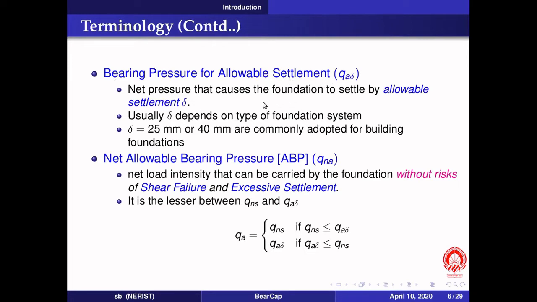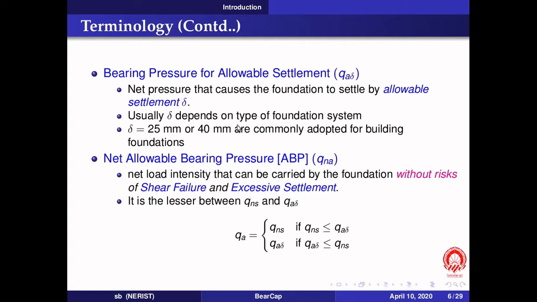It is the net pressure that causes the foundation to settle by the allowable value of the settlement. Usually the allowable settlement for building foundations is taken as 25 mm, approximately 1 inch, or in some cases up to 40 mm is also possible. So whatever pressure can be safely put on the structure so that the allowable settlement is not exceeded is called bearing pressure for allowable settlement.